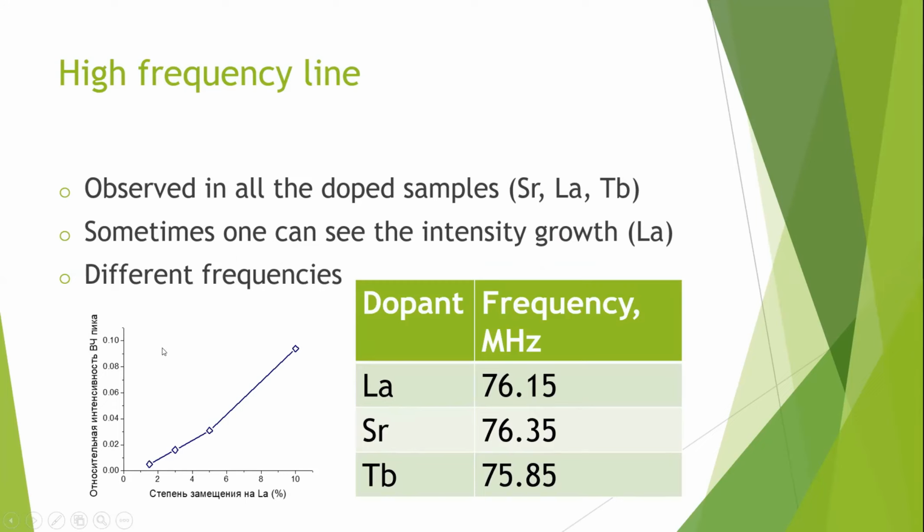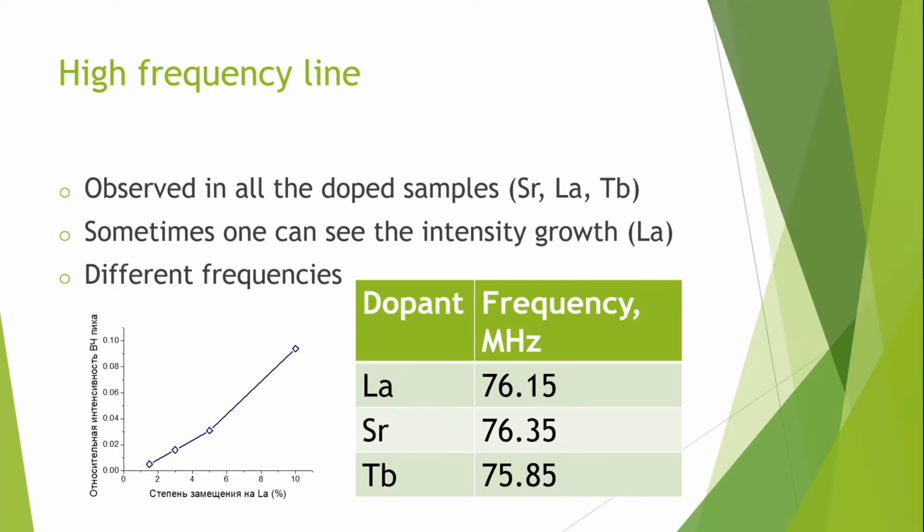So we think that this line is connected with the presence of dopant atoms in the immediate vicinity of the iron atoms. For strontium, the signal was not good enough to tell anything about the intensity, and for terbium, we do not see such a law of intensity growth.